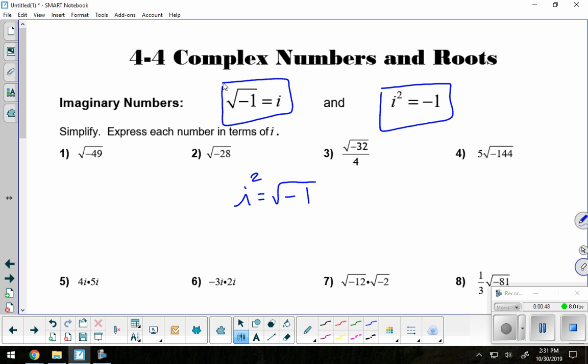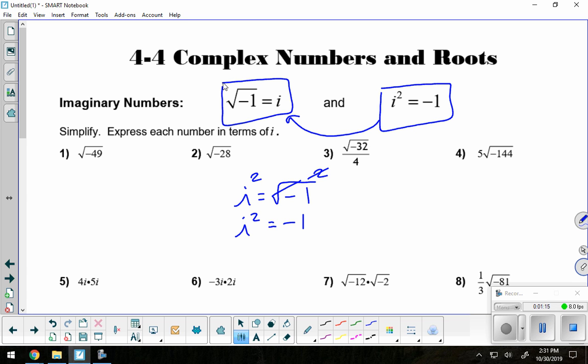If you square both sides of the equation, because whatever you do to one side of the equation, you have to do to the other, you would have i squared is equal to, when you square a square root, these are basically inverse operations of each other. They cancel each other out, which is how you end up with i squared is -1. So this one is basically derived. It comes from knowing just that first fact, knowing that i is the square root of -1.